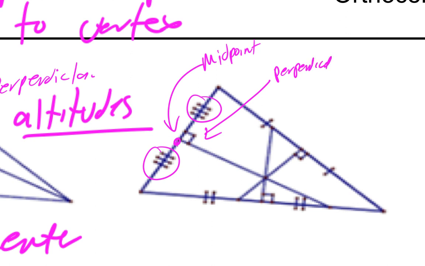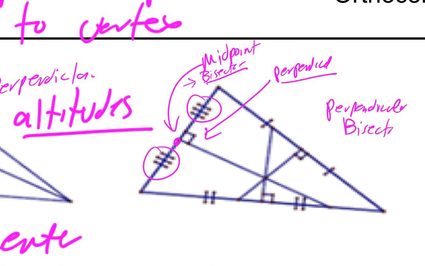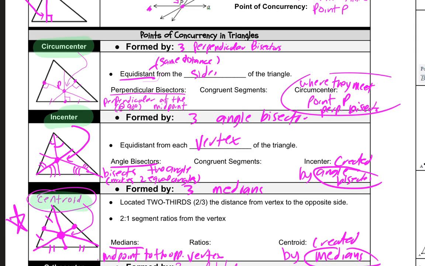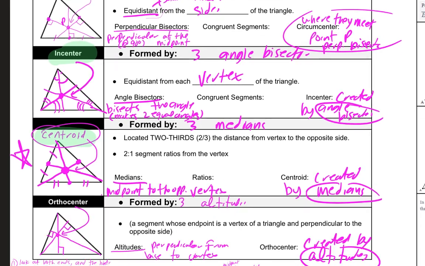Well, if that's the midpoint, then that tells us it's a bisector, right? So if we know it's a bisector and it's perpendicular, it's created by perpendicular bisectors. So perpendicular bisectors create a, what do we say from our notes? Perpendicular bisectors create a circumcenter.